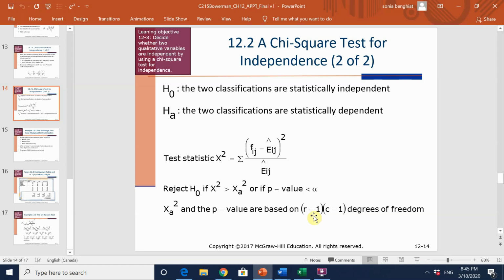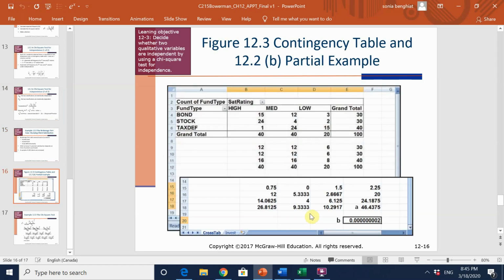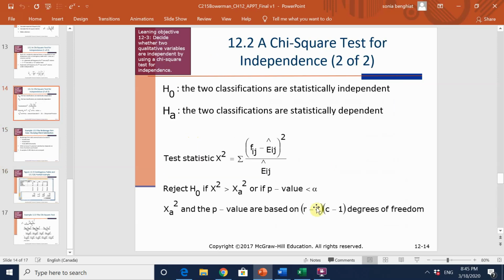So that would be number of rows minus 1. In this case, we have 3 categories for variable 1. So I've got 3 rows, hence 3 minus 1 would be the first part that would go in this product here.